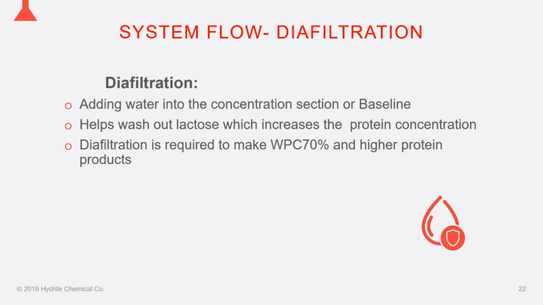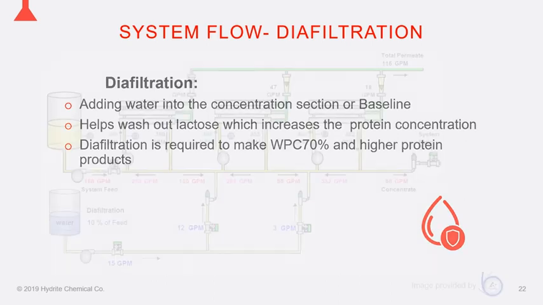Well, basically what it does is help remove the lactose. Lactose is a sugar. It's going to dissolve readily in water, and if it's dissolved readily in water, it will pass more readily through the membrane itself. So we add this diafiltration water to wash out the lactose to achieve a higher protein level.